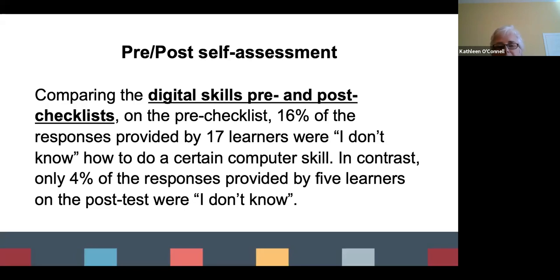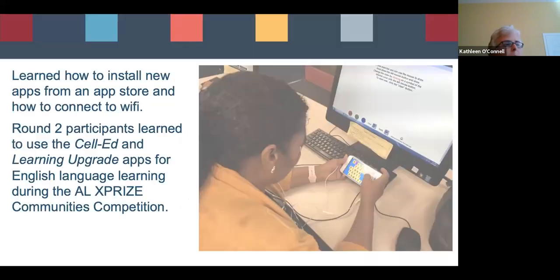People felt like they had gained not only computer skills, but also skills using apps like CellEd. The workplace really liked hearing about the gains in digital skills. As you know, in almost all workplaces these days, there are some kind of digital skills that people need to know. So this is another way that you could potentially use this form.